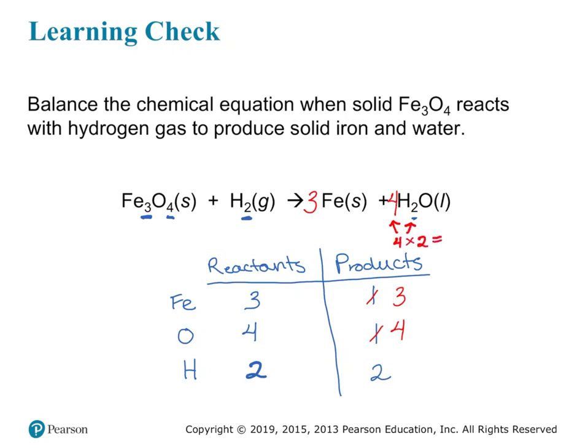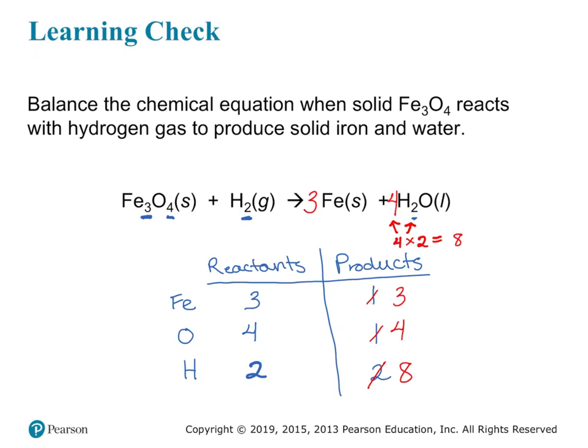So we're multiplying the coefficient by the subscript, and that gives us a total of 8 hydrogen atoms on the product side. Okay, so now we have a problem. So hydrogen initially was balanced, but now it is no longer balanced. And that happened because we had to balance oxygen. But that's okay, we're just going to go back and balance hydrogen now.